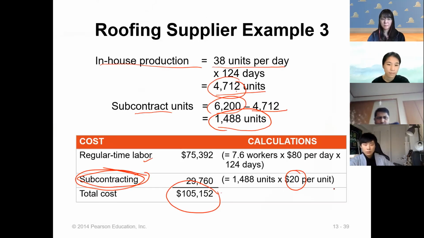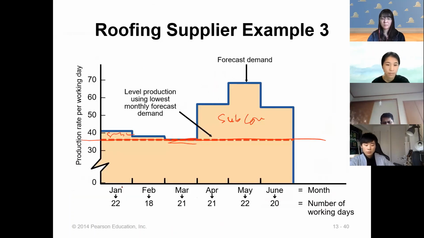Plan number two, for demand which we cannot comply with, we subcontract. That means we produce at a constant 38 per day, and the rest was subcontracted. Subcontract has a cost of 20 per unit.